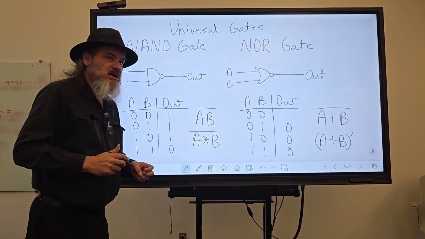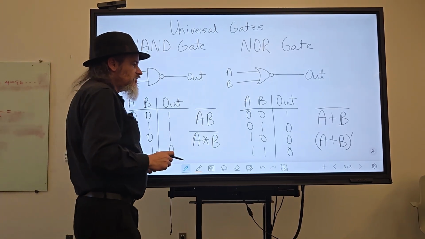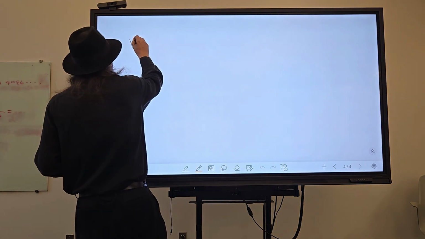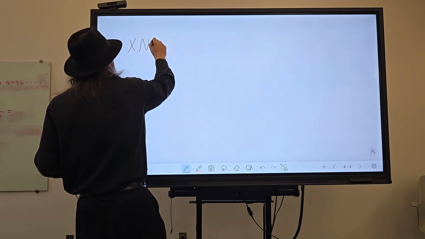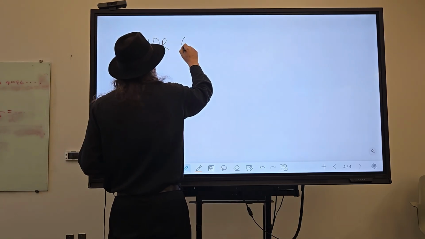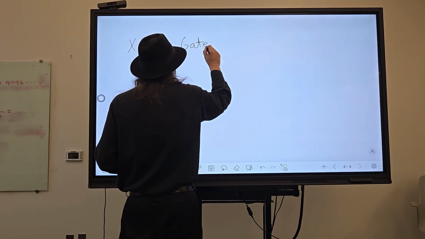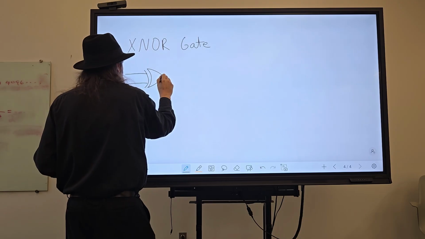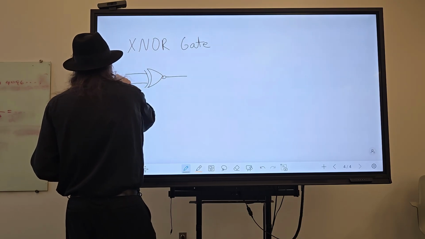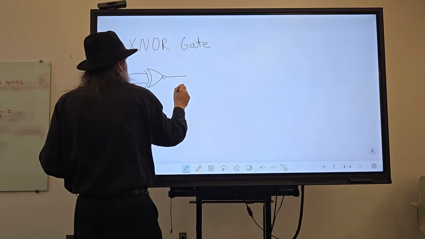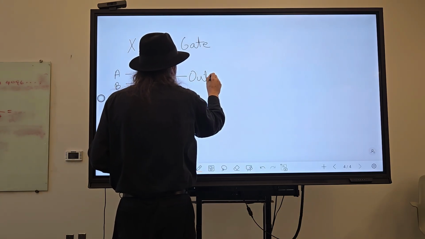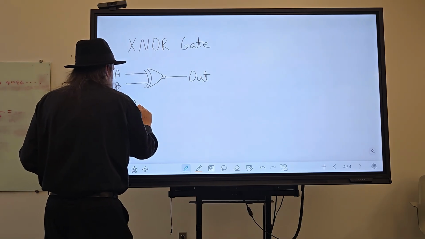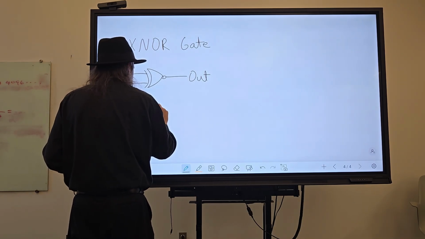The last of the basic logic gates is the often overlooked XNOR gate. I include this because it has a really handy use.